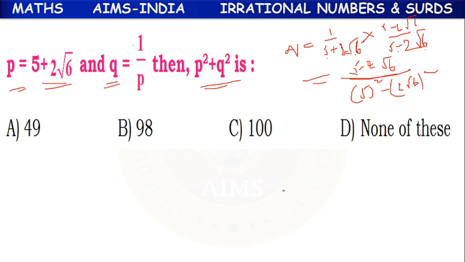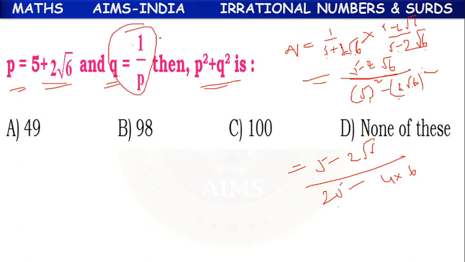So 5 square 25 minus 2 square 4, and square root of 6 whole square 6, that is 4 into 6, 24. 25 minus 24 is 1. So this value is 5 minus 2 root 6.